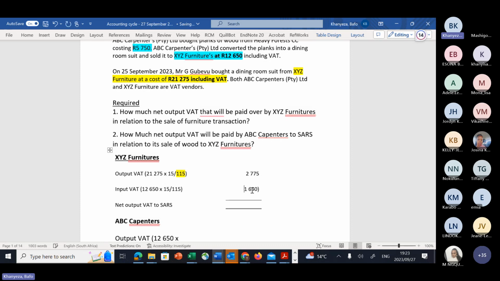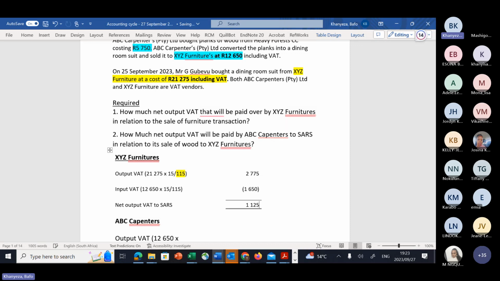So it's that which they paid to ABC Carpenters when they were buying. So they'll reduce what they pay to SARS when they now have to pay this money they collected from you as a customer to SARS. And then the net output VAT to SARS is going to be 1,125.